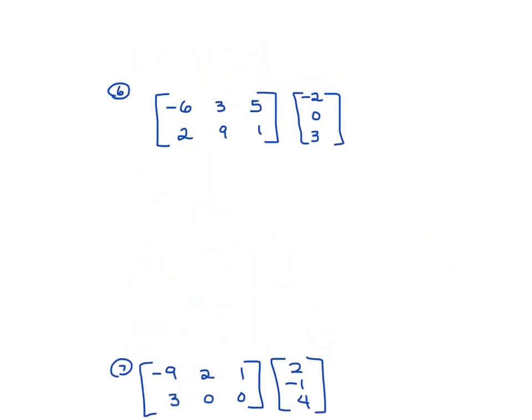So example 6, again, this is a 2 by 3, 2 rows by 3 columns, and this is 3 rows by 1 column. Again, the 3's match, so my resulting matrix, or my answer, is going to be a 2 by 1.